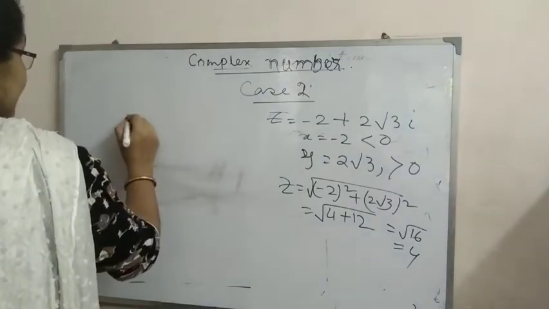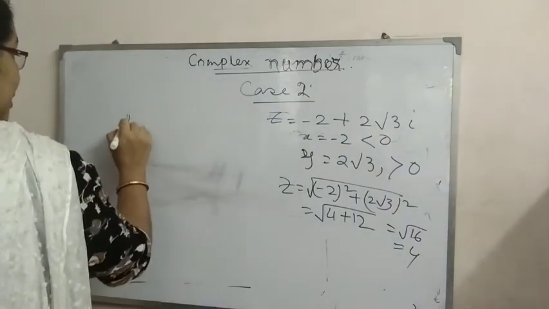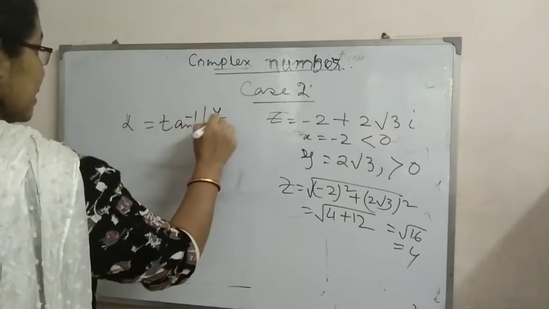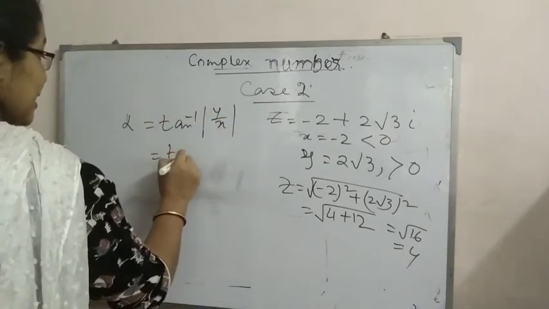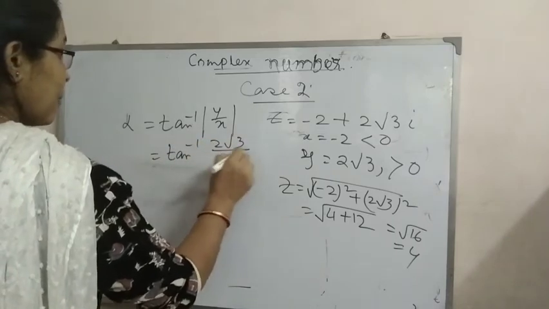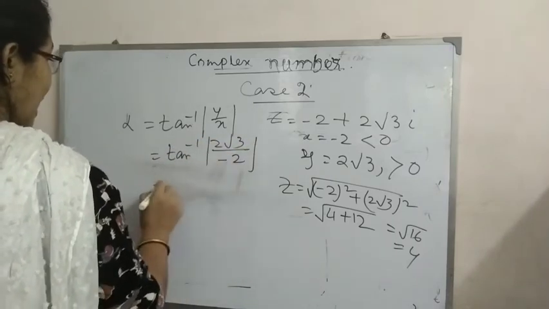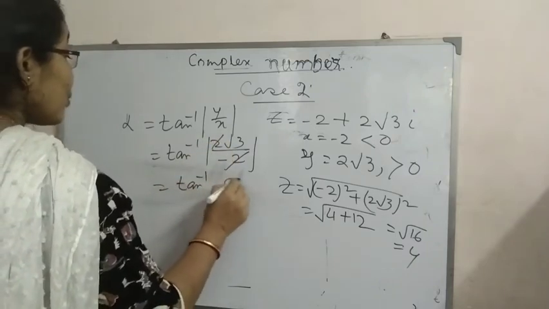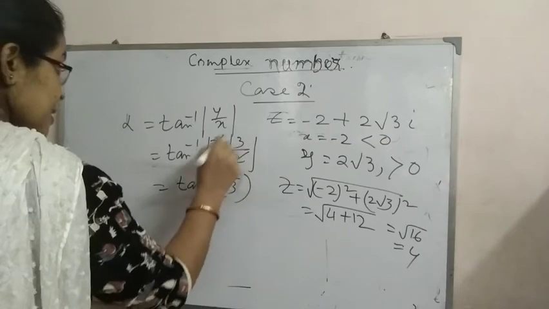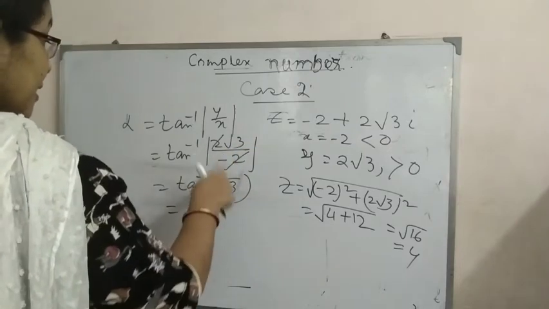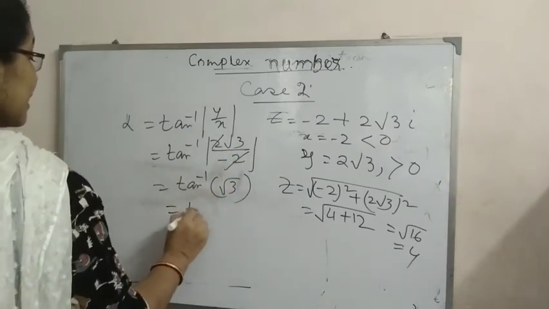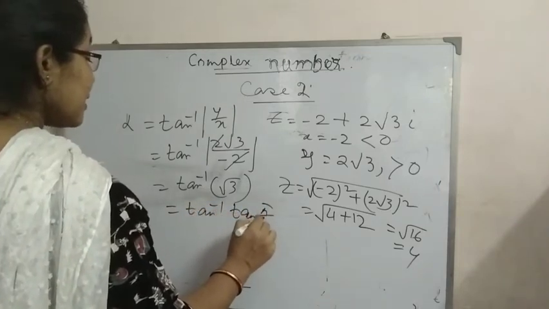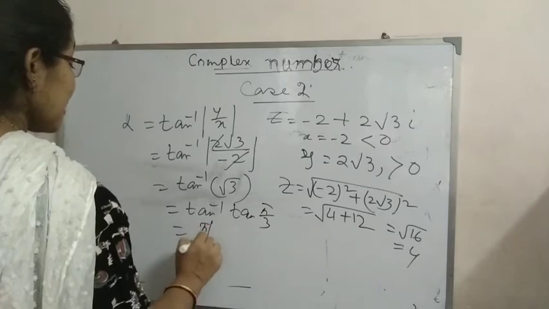Let theta be the argument and alpha the acute angle given by tan inverse of mod y by x, that is tan inverse of 2 root 3 by 2, the 2 cancels out, so tan inverse root 3. I take the absolute value. Here tan inverse tan pi by 3, that is pi by 3.